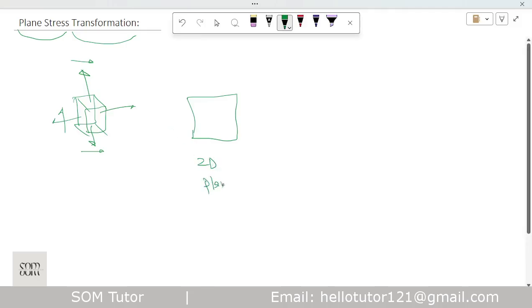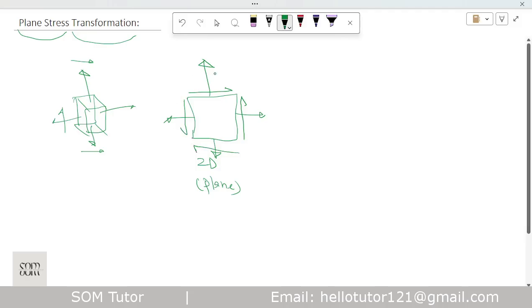So in the plane, for example, if this is the normal stress on this plane, there will be a complementary stress like this opposite. Similarly, if we have a shear stress like this here, then we are going to have a complementary stress here, and we are going to have things like this.